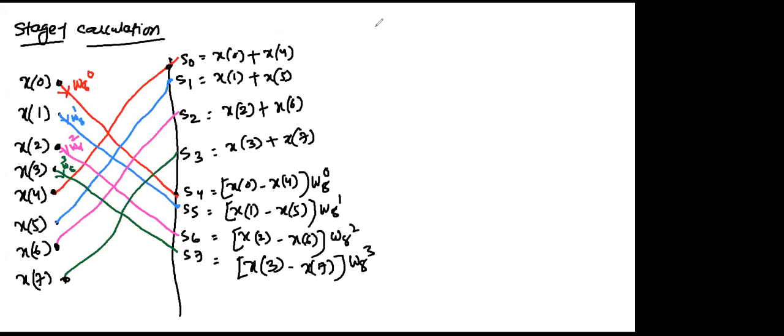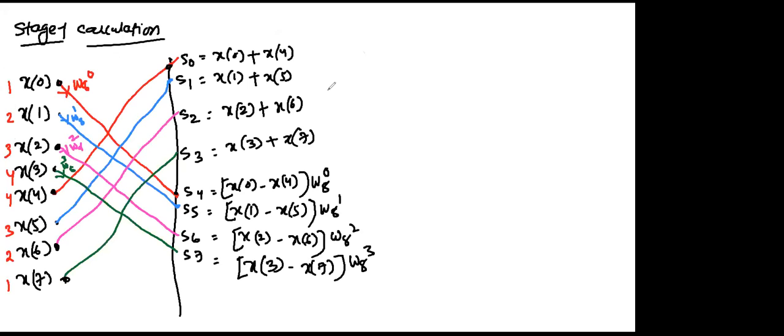Now, what to do? Same, you take the input in the same order. X0 is 1, 2, 3, 4. This is 4, 3, 2, 1. Now, simple. Everything is given. Omega 8 at 0 to omega 8 at 3 values are known to you. Use the equation. Then I will write those values so that people can verify later.